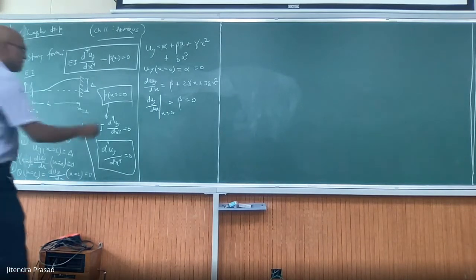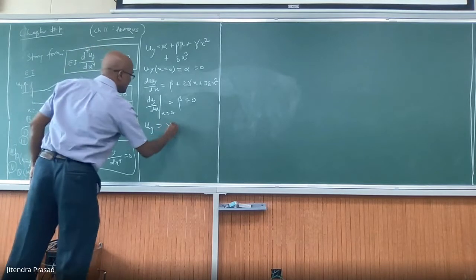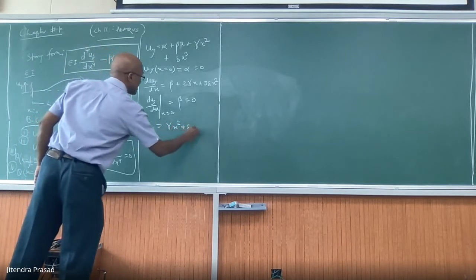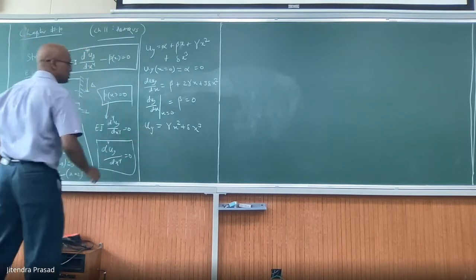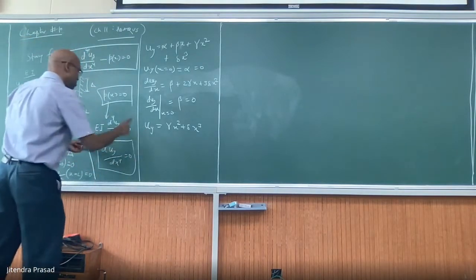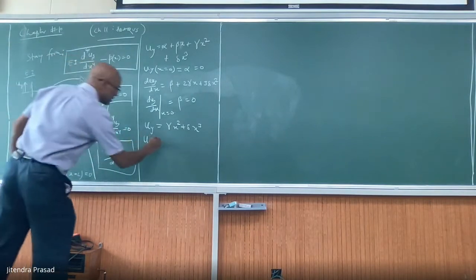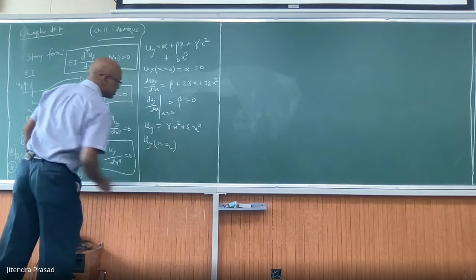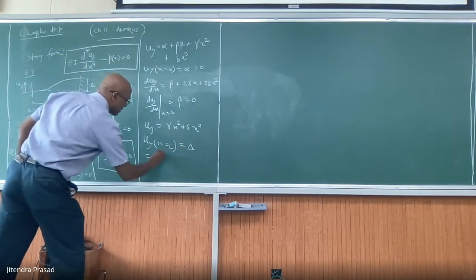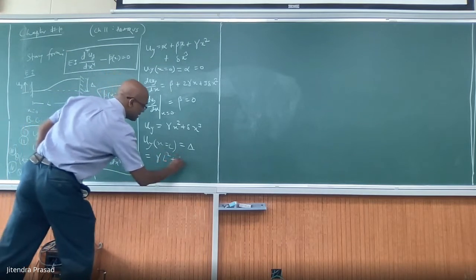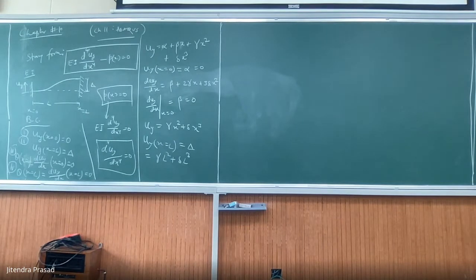So finally, uy is of the form gamma x square plus delta x cube, and then uy at x equal to L is equal to big delta, and we write gamma L square plus delta L cube, right?